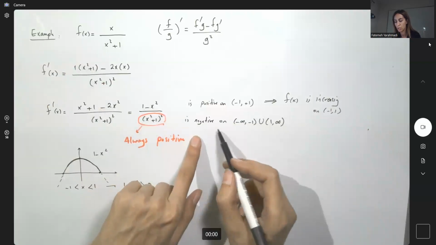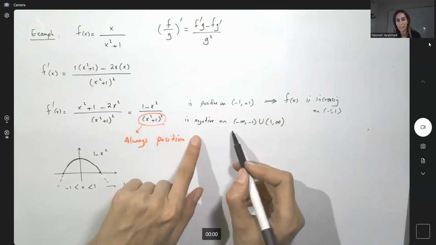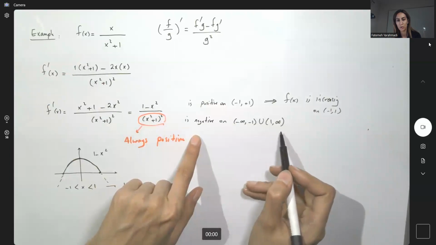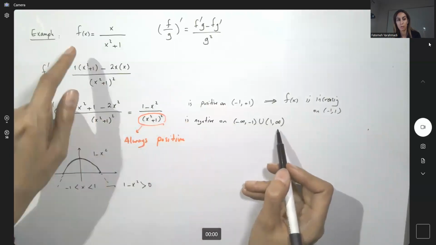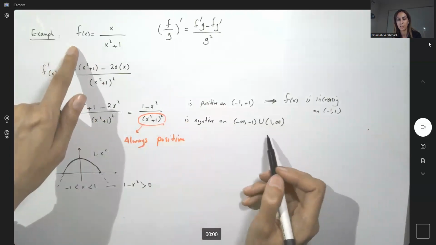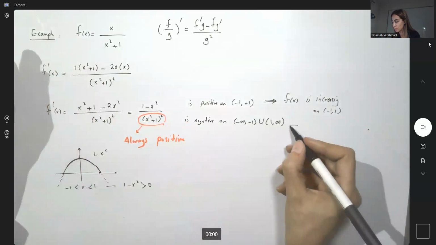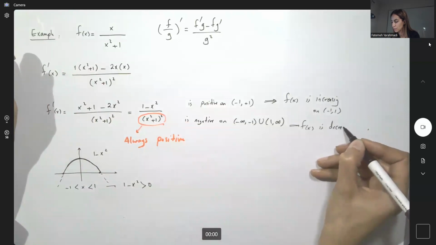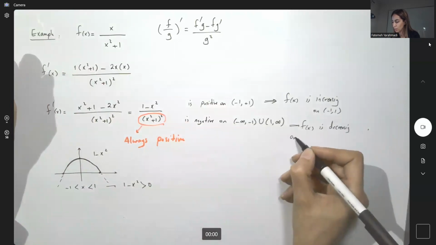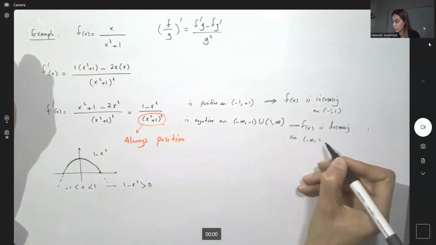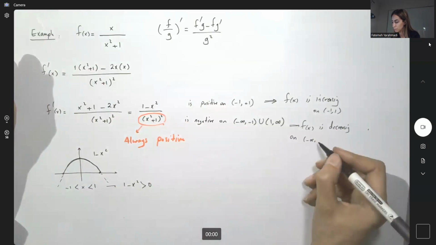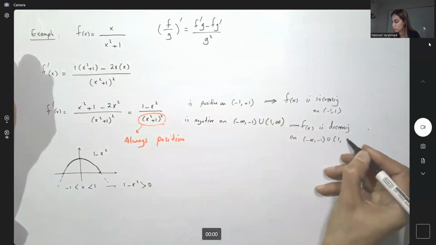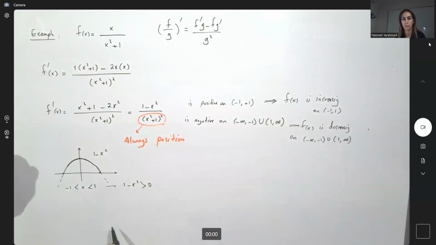And since the derivative is negative on negative infinity to negative 1, union 1 to infinity, the original function is decreasing on these two intervals. So f of x is decreasing on negative infinity to negative 1, union 1 to positive infinity.